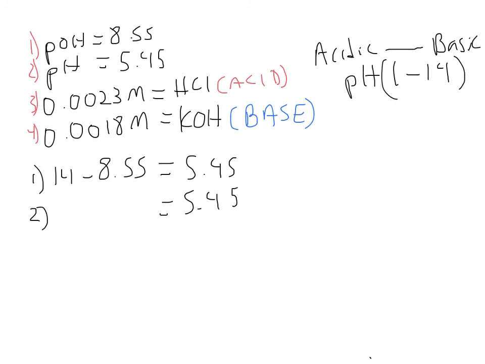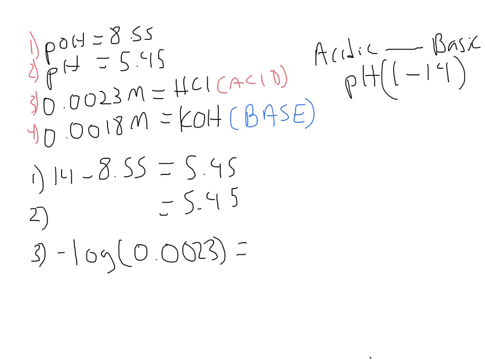Now these next ones are a little bit more tricky. We're given a concentration of an acid. Well, we knew from a couple earlier, as I was talking about, if you're given a concentration, you can easily find the pH of the acid or base. So let's see, minus log. You plug in that concentration, 0.0023.